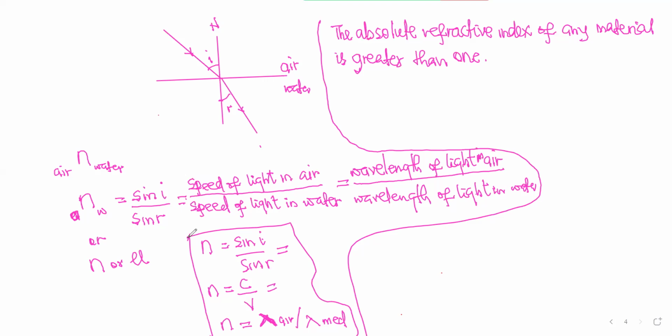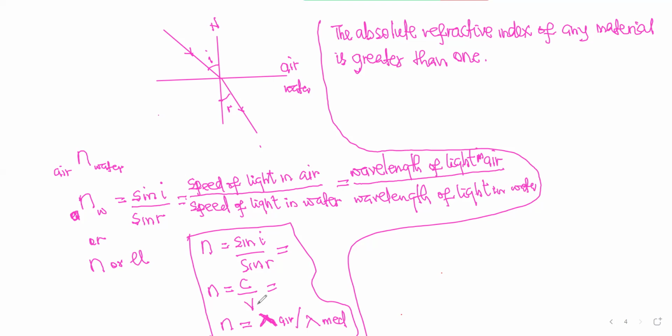Are you okay? So please, can you define the C and the V? Where C is the speed of light in air or vacuum, and V is the speed of light in any other medium aside from air or vacuum.